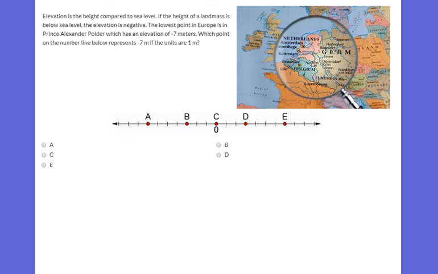Which point on the number line below represents negative 7 meters if it's counting by 1 meters each? So it looks like C is on 0. Negative would be going backwards, and we need to go back 7. So 1, 2, 3, 4, 5, 6, 7. So obviously A is the correct answer.